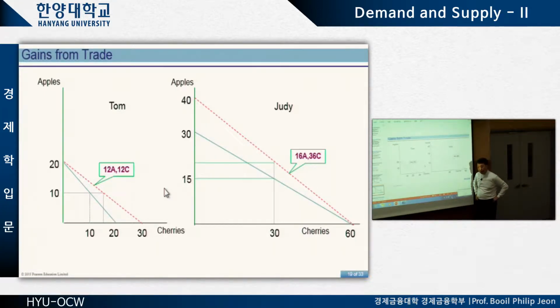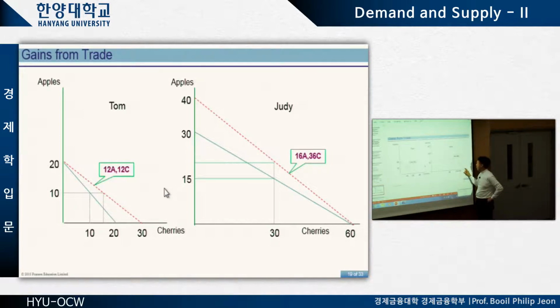so that Judy could consume 40 pounds of apples. Another possibility is this. We can also think this way. Because of that maximum capacity of 20 here, certainly this combination is possible. In other words, Judy can produce 60 cherries and consume the 60 pounds of cherries herself, without trade.